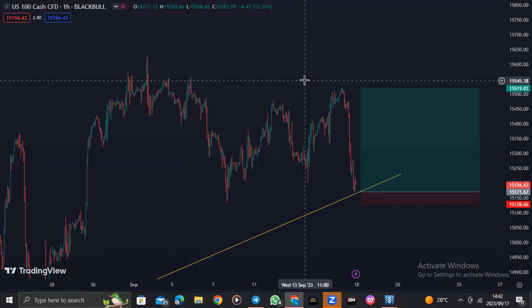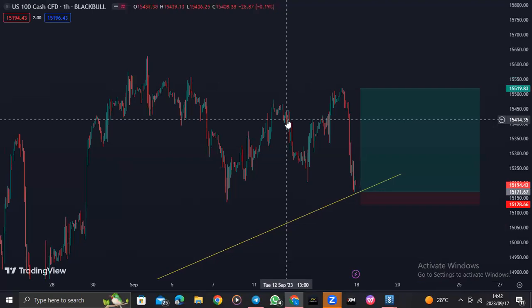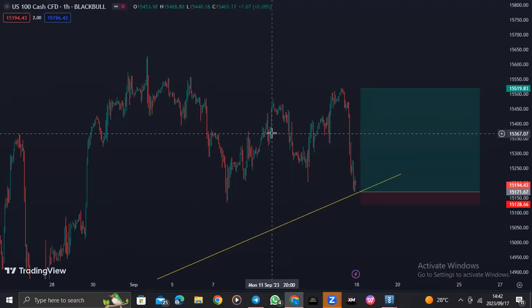Then I sent AUDJPY, which hit stop loss, right? Then I sent NZDJPY, which dropped, going into deep profits. Then I sent EURGBP. What happened with EURGBP? Oh, EURGBP also bought hard, giving us massive profits.